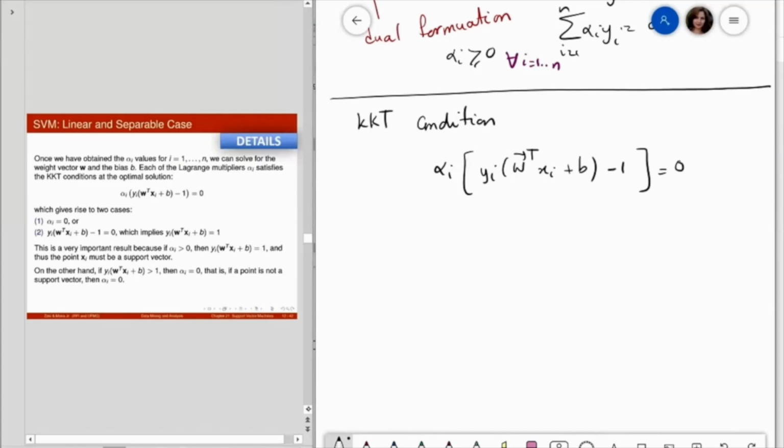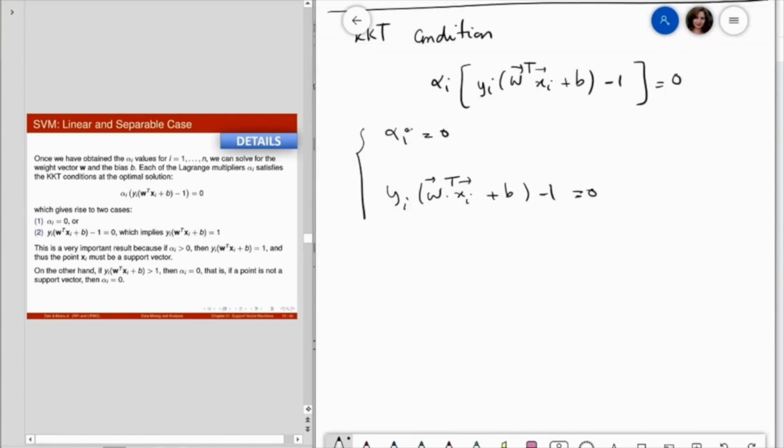If I have two scalars multiplied by each other equal to 0, it means two things. Either alpha i is equal to 0, or yi (w transpose xi plus b) minus 1 is equal to 0.